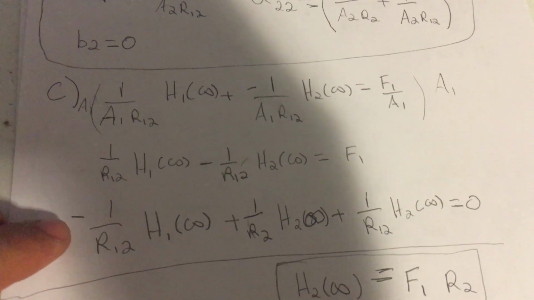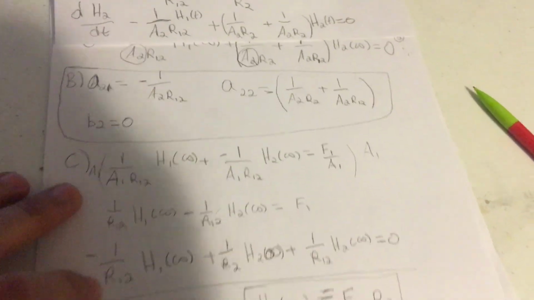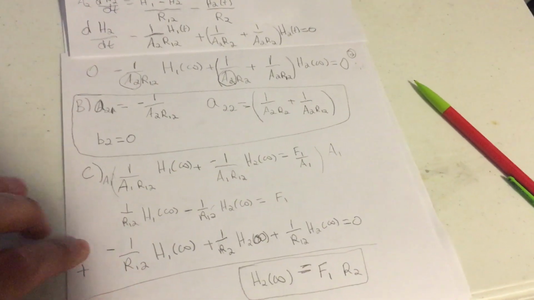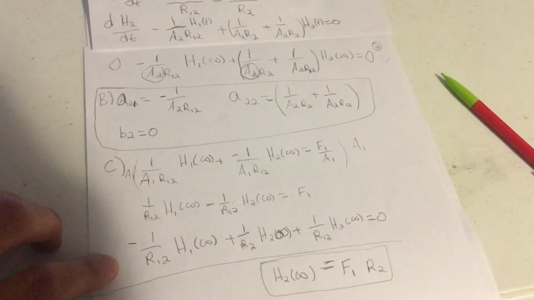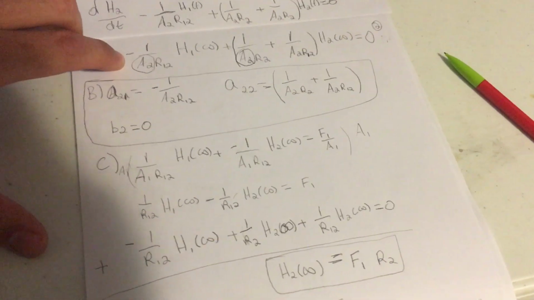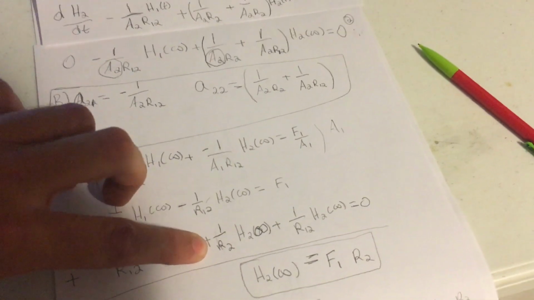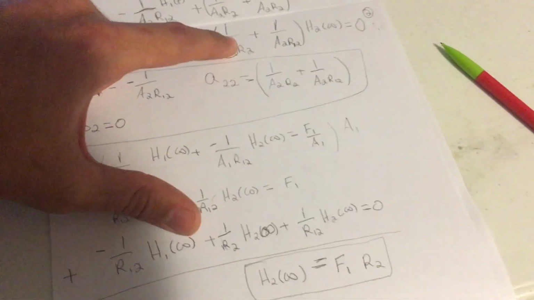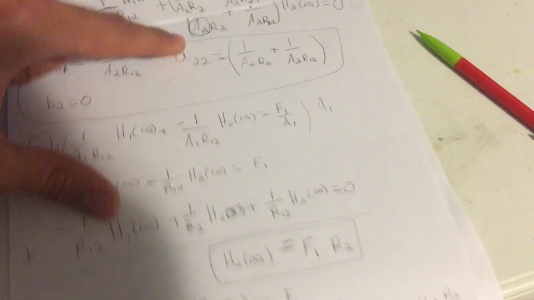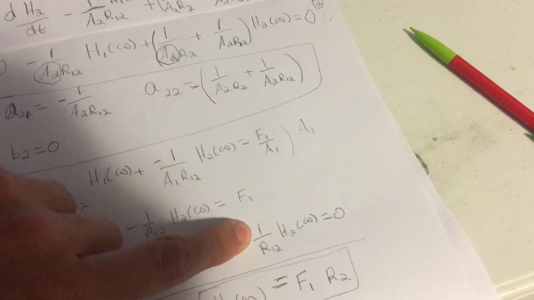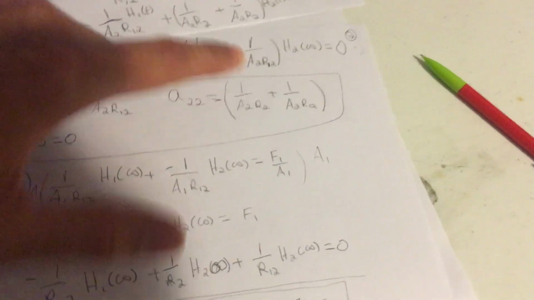We just multiplied everything by a2, and now we have, let me see if I can get it wide enough so you can see where both come from. This value here directly came from this here. This value here is a distribution of h2 infinity into these two terms. So this one is this term, and this one is this term. And you do want to separate those.